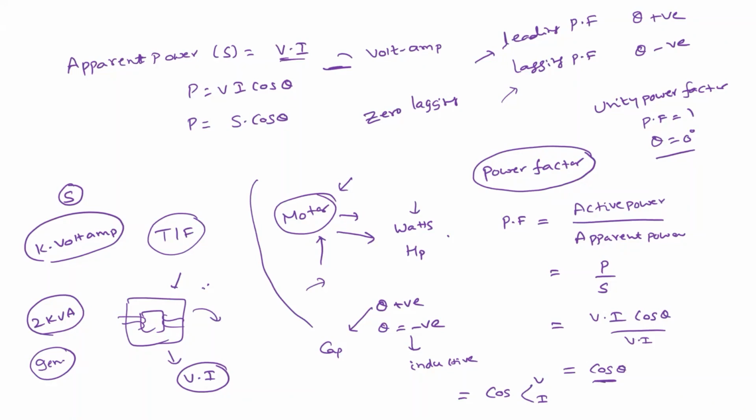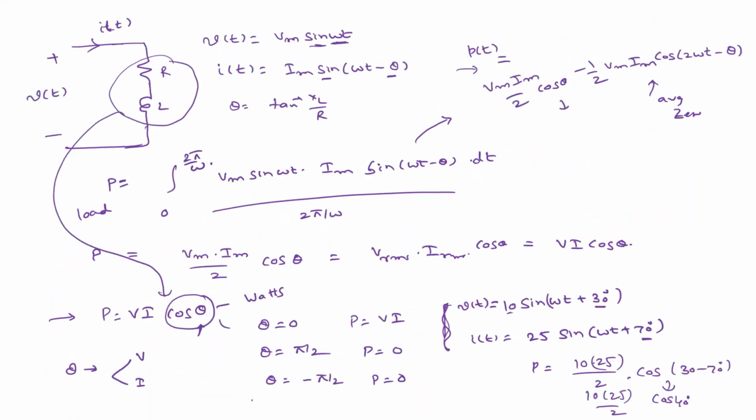Sir, in the previous page, the example which you gave, it is a capacitive circuit, right? Yes, sine omega t, capacitive circuit. So the power factor is cos 40 degrees, or cos minus 40 degrees, leading.